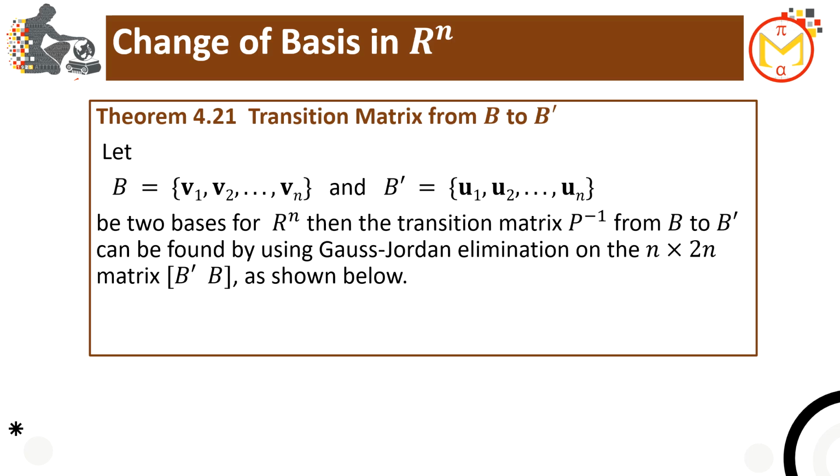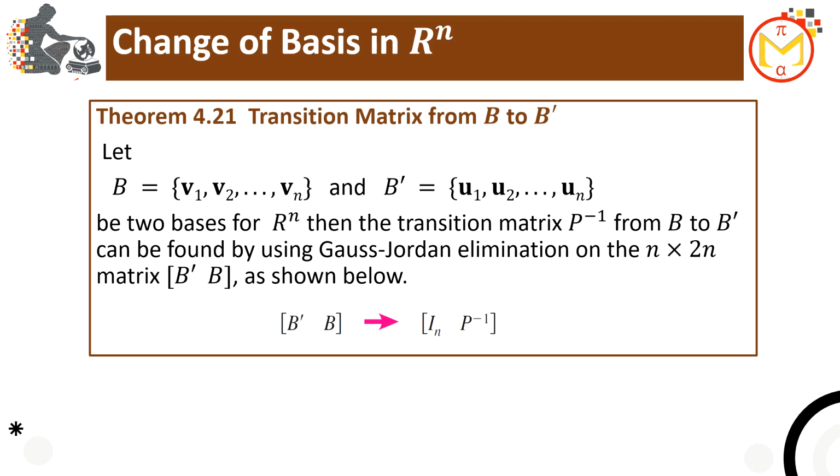Now the transition matrix P inverse from B to B prime can be found by using Gauss-Jordan elimination. So we put the B prime, if we're looking for B to B prime.